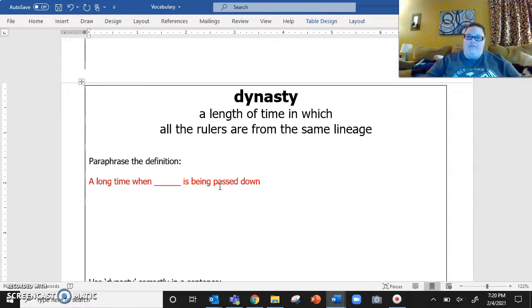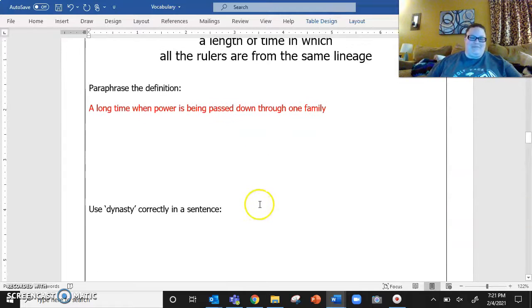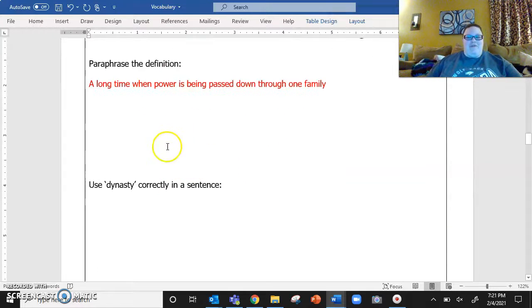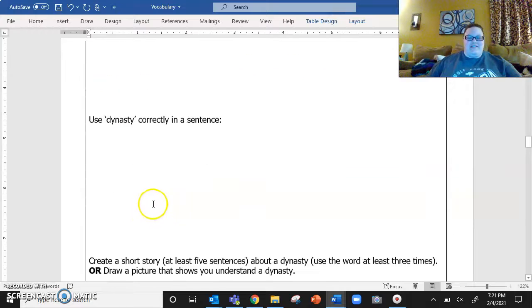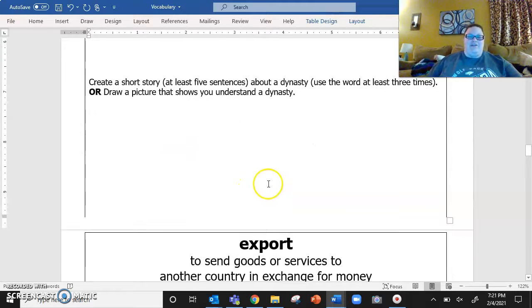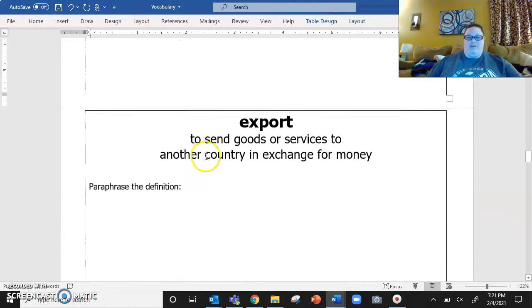Therefore, they have power. Good. Okay. So a long time when power is being passed down through what? Through one family. Good job remembering that, keeping that in your brain space. Thank you. Okay. Then you are going to use dynasty correctly in a sentence. Draw a picture, write a story, whichever you prefer.